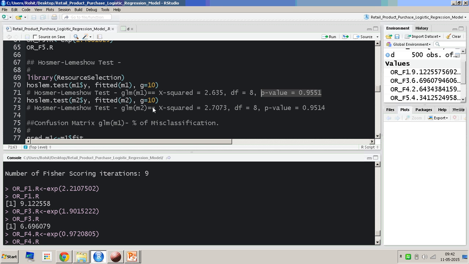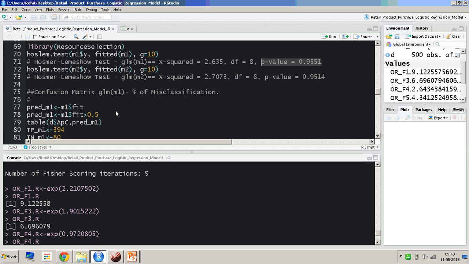Over here we see that the p-values are 0.9551 and 0.9514. Well, these are okay, so nothing much we can do over here, because these models are highly correlated. These models do not have much difference amongst them. That's why these p-values are not showing much of a difference, and we can't really do much right now.